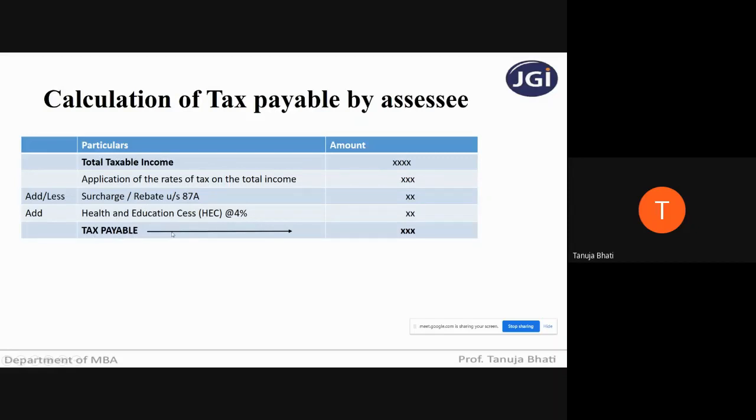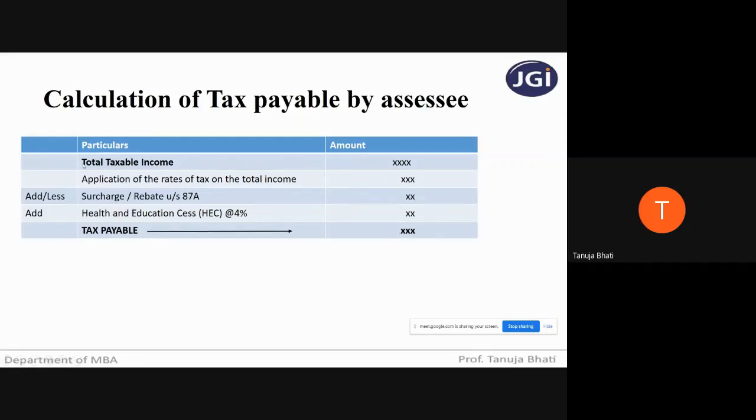So tax payable will be nothing but total tax to be paid on the total income, add surcharge, add health and education cess, you get the total tax to be payable by an Assessee. Or if it is a case of a rebate, then you get tax on total income less the rebate amount, add health and education cess, then you get the total tax payable by an Assessee.